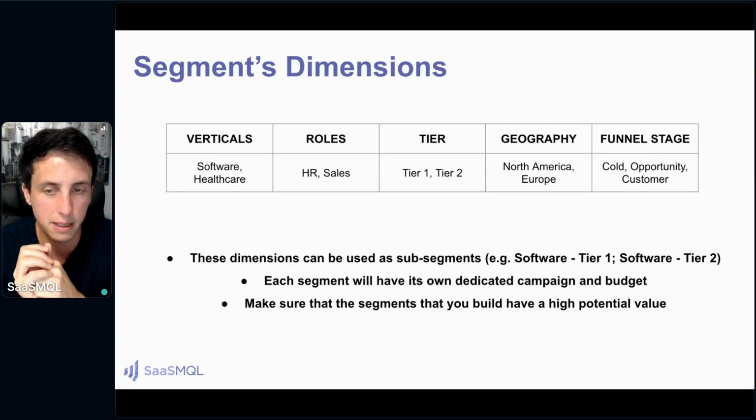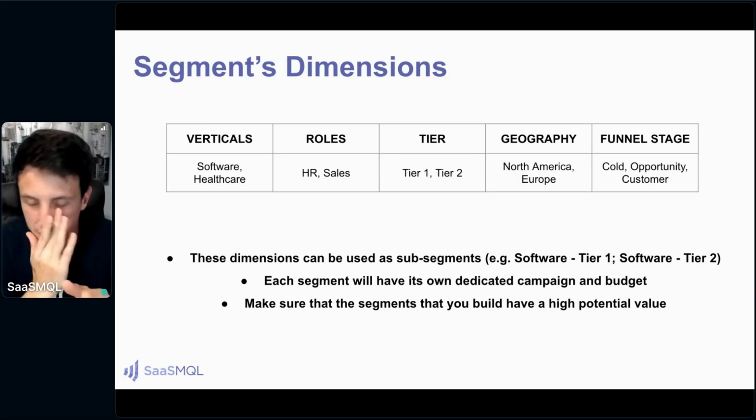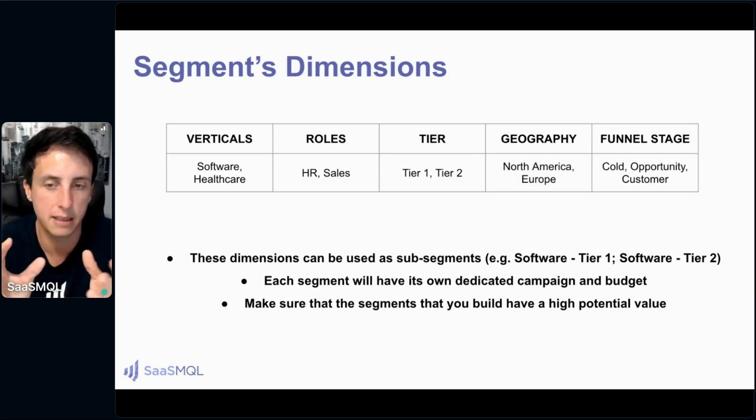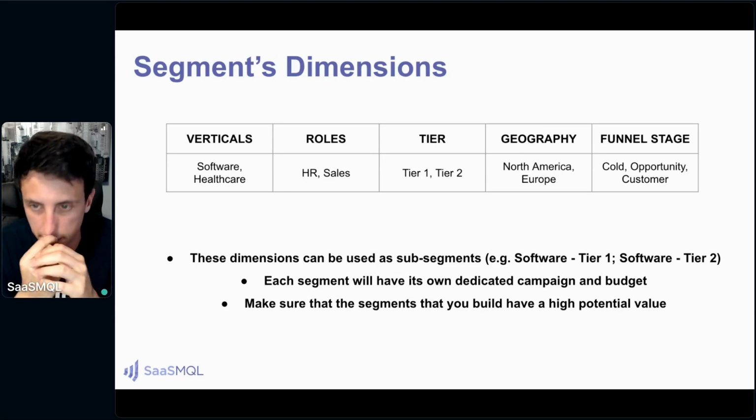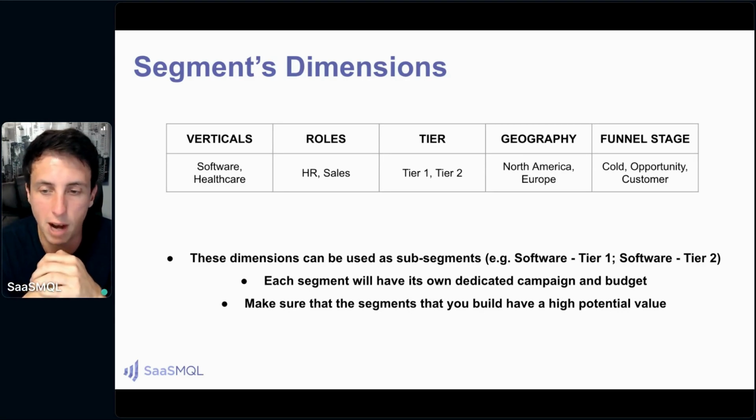So it's clear why you have to do that. But each segment that you identify should be of high potential value, because you're going to spend time creating flows, assets, allocating budget, running those targeted campaigns. That's why you shouldn't have like 10 accounts in one segment, unless they're worth a lot of money and you know they are really valuable.